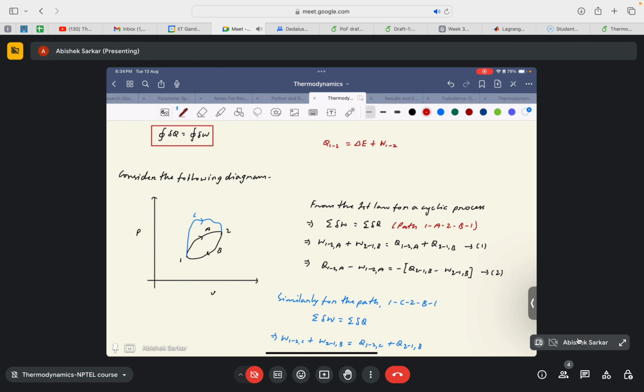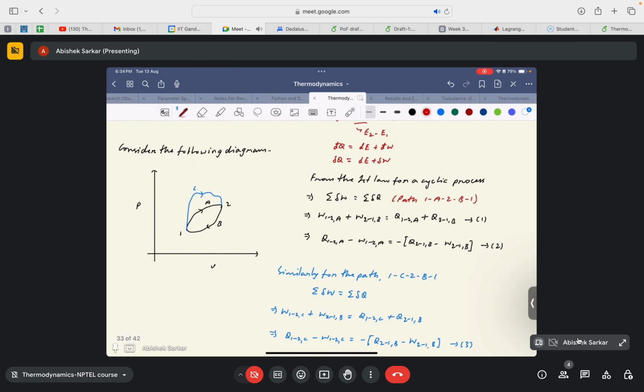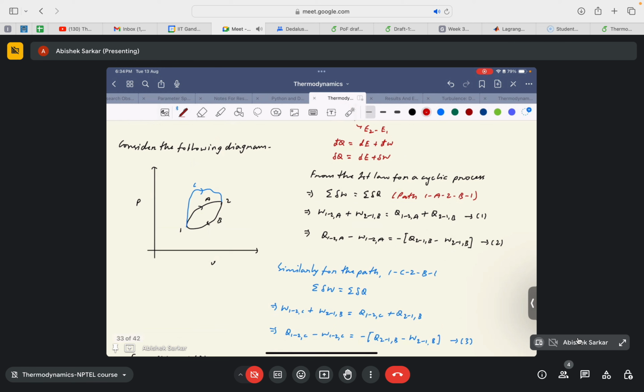For a process occurring from state 1 to state 2, this would basically be E2 minus E1, and in differential form it will be delta Q is equal to dE plus delta W. From the first law of thermodynamics, for a cyclic process, we know that the cyclic integral of work is equal to the cyclic integral of heat, the net heat transfer.